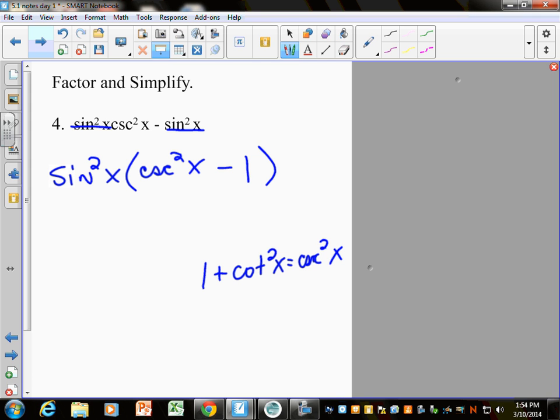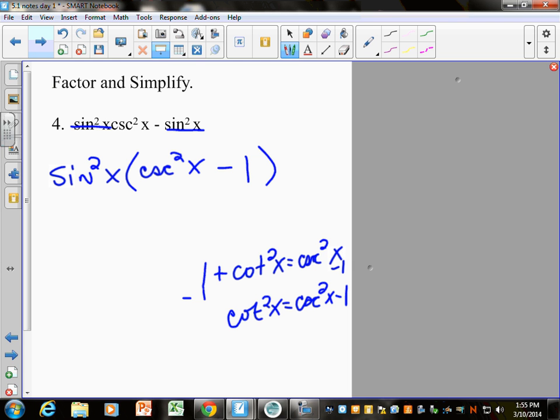I like that method, but if you want to substitute in, we can substitute in. So for me, I'm like, well, I need to subtract the 1 over. If I subtract this 1 over, do you agree that I now have cotangent squared equals cosecant squared x minus 1? And so if you can move this identity around to make it fit what's up here, you can just do a direct substitution.